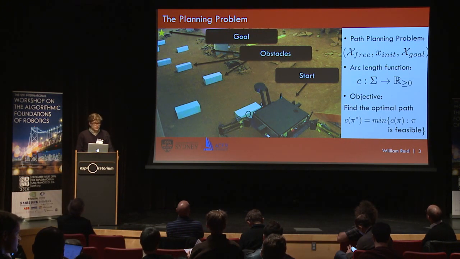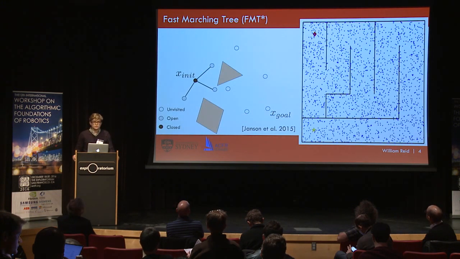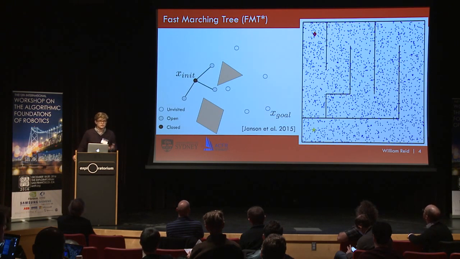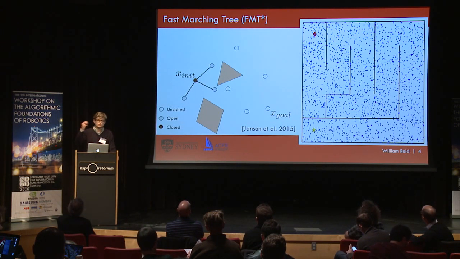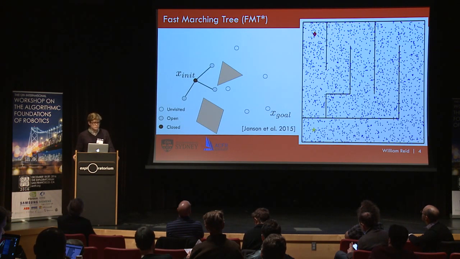Now, we have implemented a hierarchical sampling-based planner, which utilizes the state-of-the-art fast-marching tree star algorithm. And what we've done is we attempt to reuse information from within a subspace, and as the hierarchy progresses, go towards the full space.